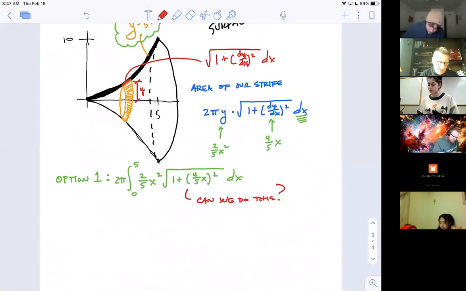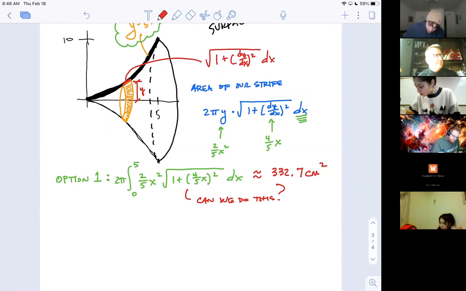So I say second calculate, evaluate that integral from 5 to 0, and I get 332.7. It's a good thing I qualified what I said, because I was thinking this would be smaller, and yet it's actually bigger.